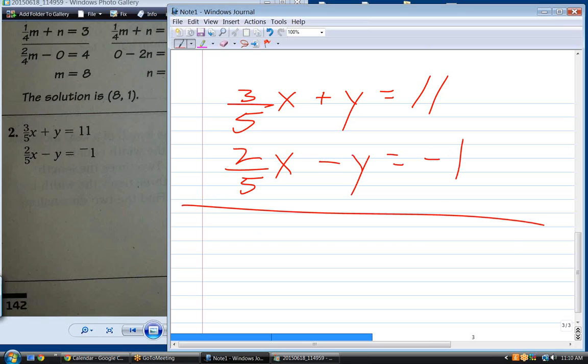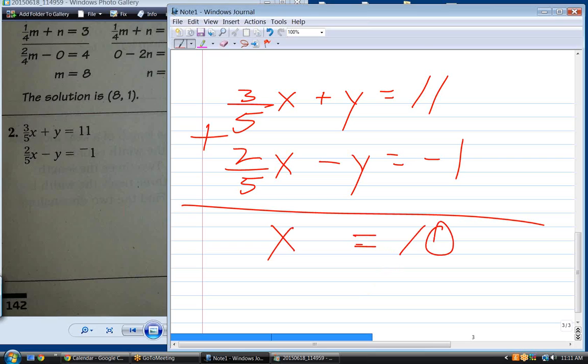What's the next line? Well, first of all, tell me whether you're going to add or subtract the equations, and then give me the next line. I think we're going to add these equations. Okay. And then it would be 5 over 5. X would be just 1 plus, or equals 10.